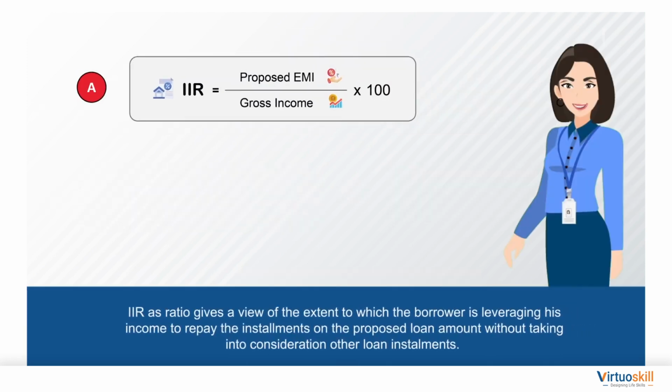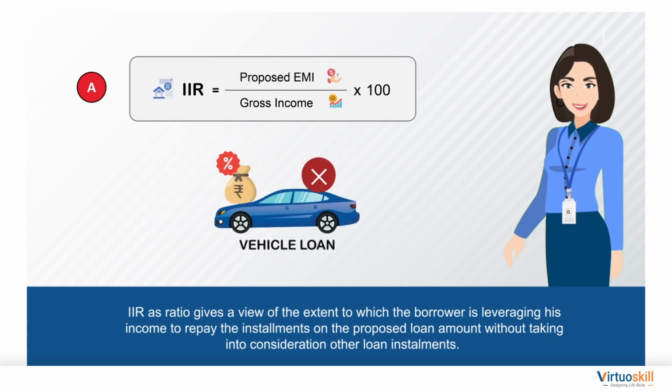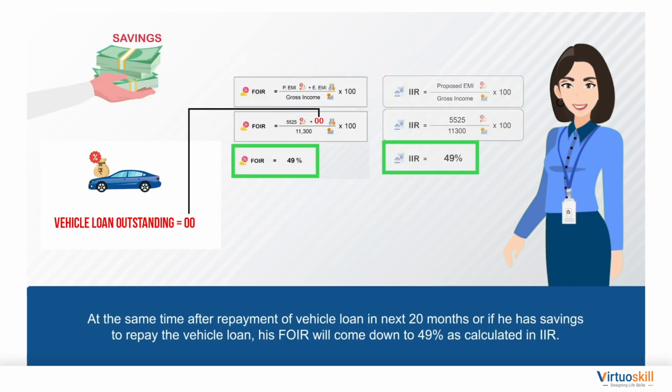IIR as ratio gives a view of the extent to which the borrower is leveraging his income to repay the installments on the proposed loan amount without taking into consideration other loan installments. This brings us to the second question as to when will IIR and FOIR be the same. We saw that in case of Prakash, when there are no other loans or obligations, IIR and FOIR will be the same.